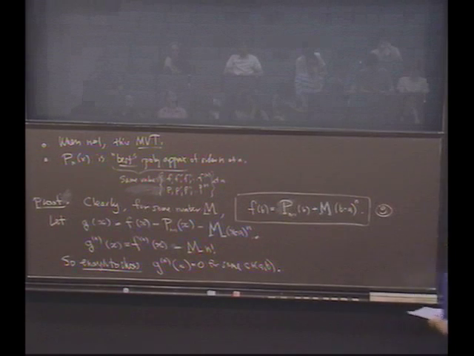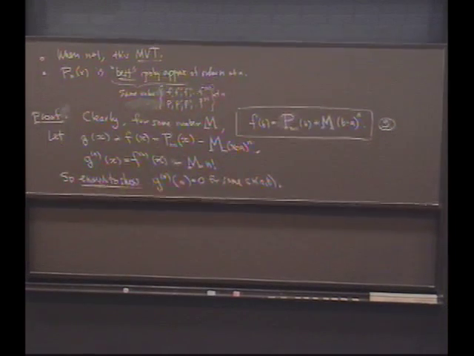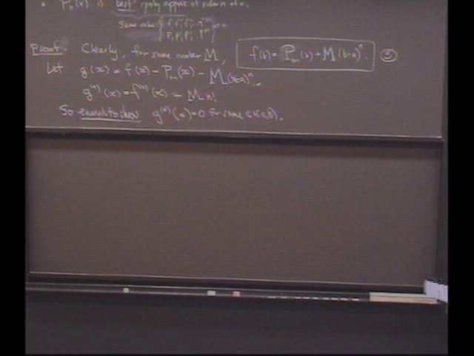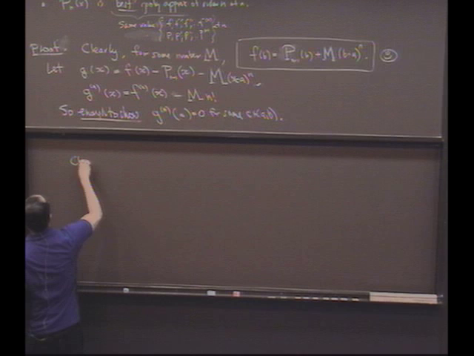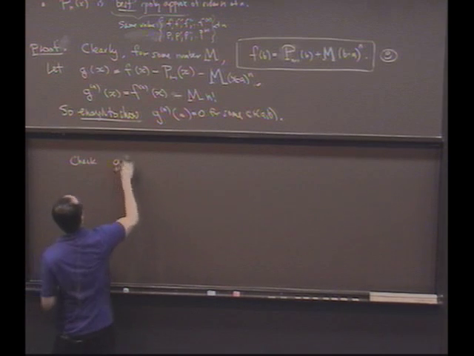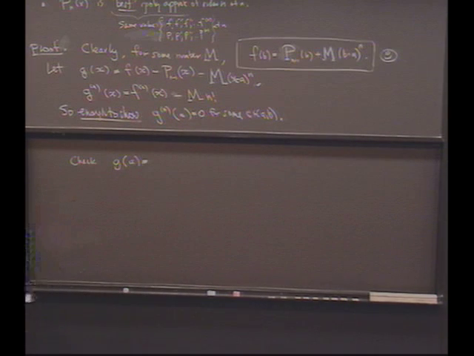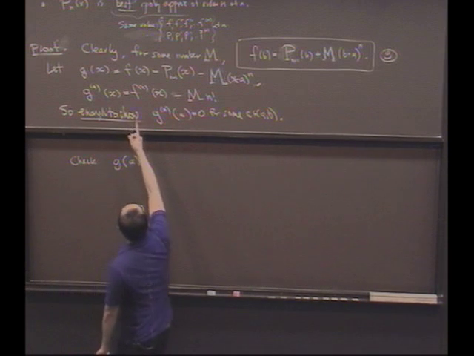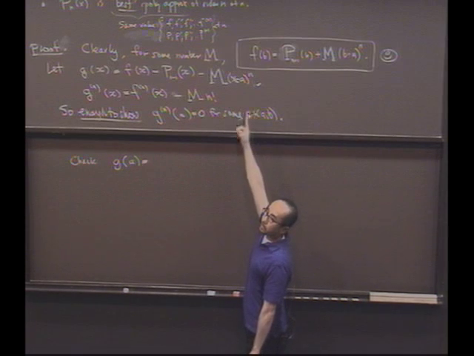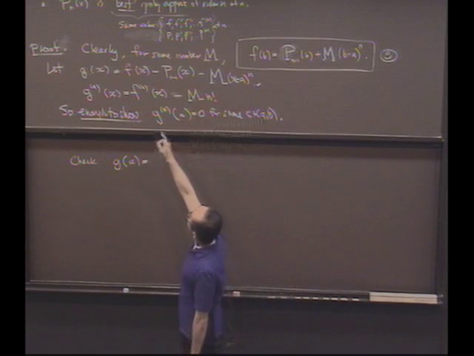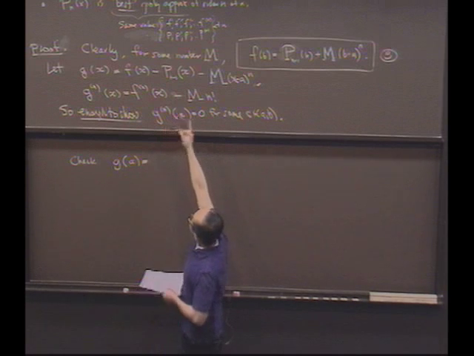So we can check a few things about g. So the nice thing here is, tell me, this function g, what is its value at a? A minus a is 0. f of a minus p sub n minus 1 at a.